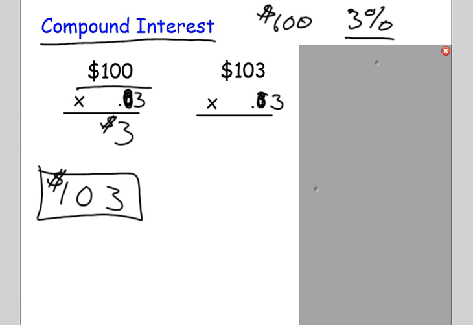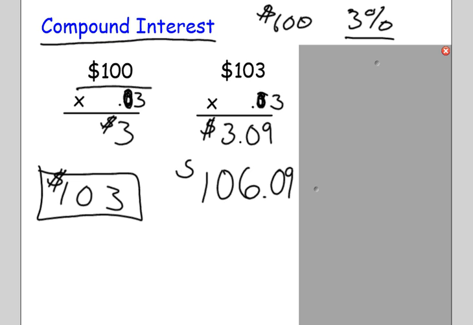If you solve this, you're going to find out that you will have earned $3.09 off of that $103. So now your total at the end of the year is $106, right?